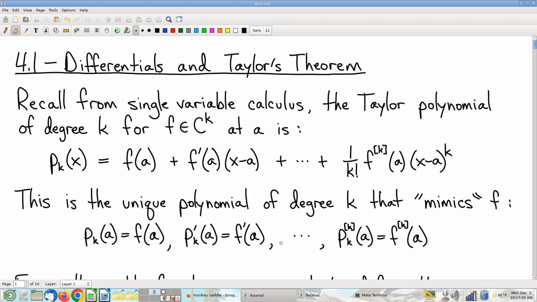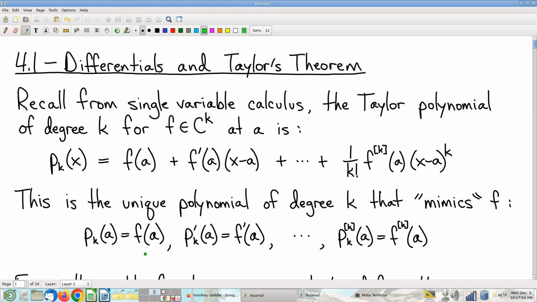So, you can imagine that simply by virtue of this polynomial having the same value as f at a, then near a, it's going to have a similar value, right?